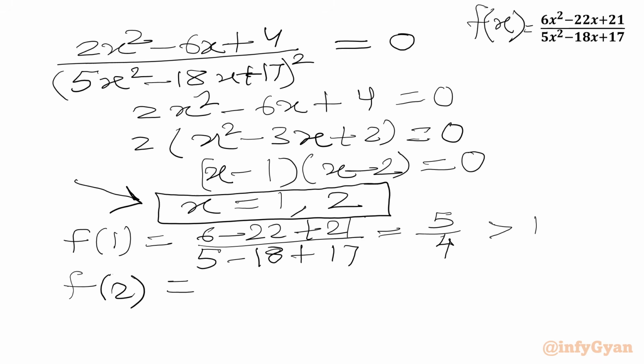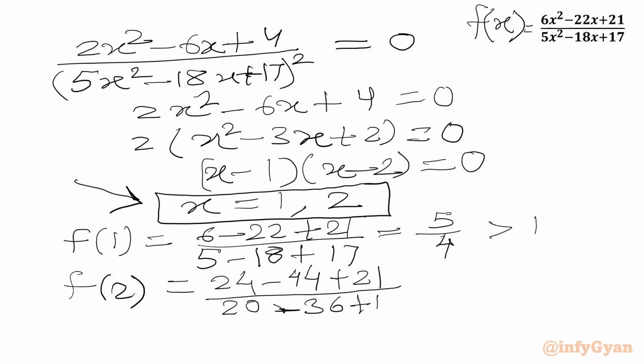So we have to calculate 6 times 4, 24, minus 22 times 2, 44, plus 21, and in the denominator 5 times 4, 20, minus 18 times 2, 36, plus 17.